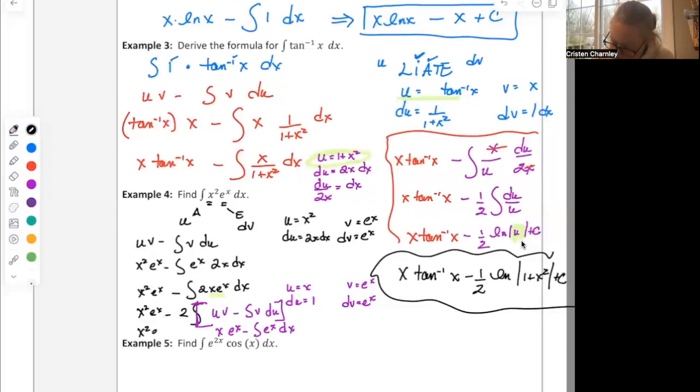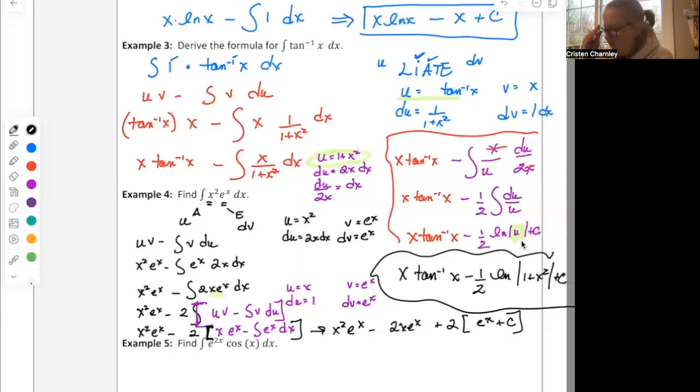X squared e to the x. Definitely did not leave enough space here. That's okay. So x squared e to the x minus, I'm going to distribute the 2, 2x e to the x plus 2. And then the integral of e to the x is just e to the x plus c.